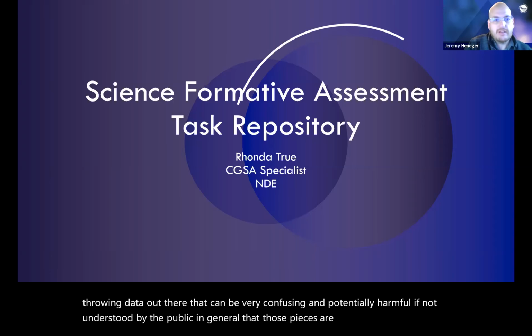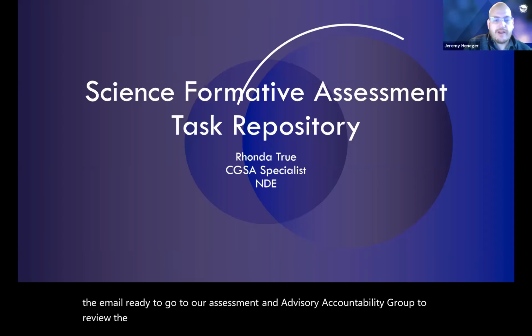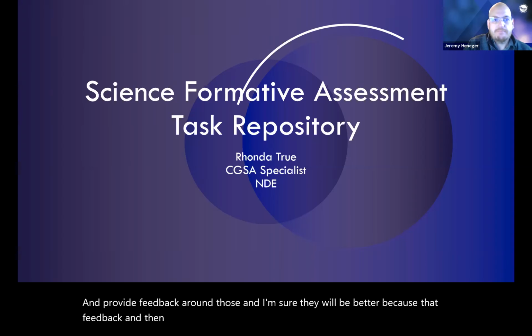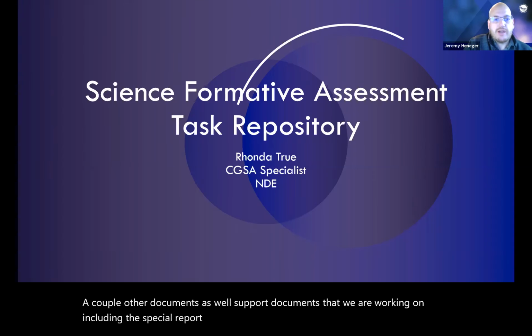I have, like I said, the email ready to go to our assessment and accountability advisory group to review the first 3 documents and provide feedback around those. And I'm sure they will be better because of that feedback. And then we have a couple other support documents that we are working on, including the special report itself, which I'm doing most of the writing on.